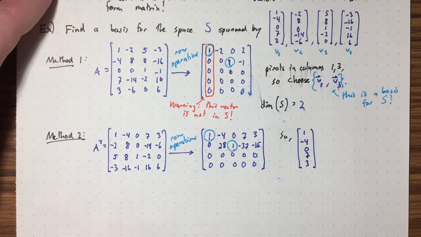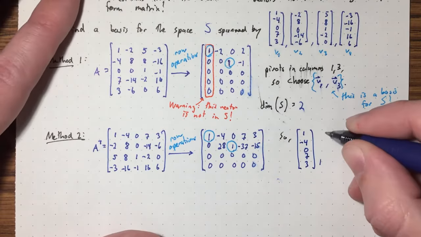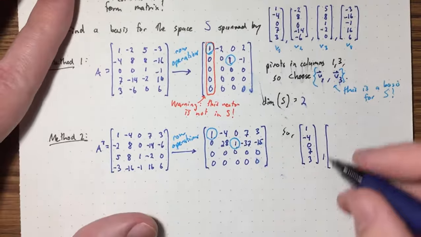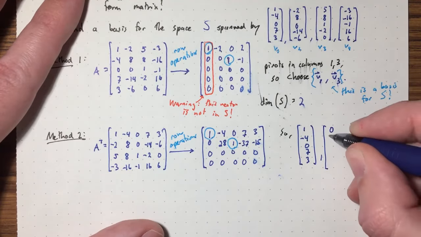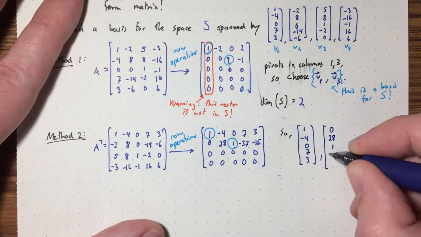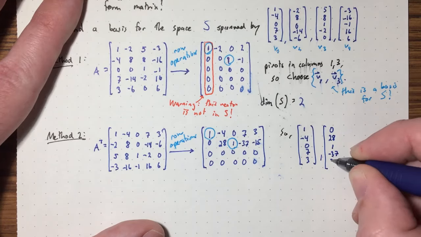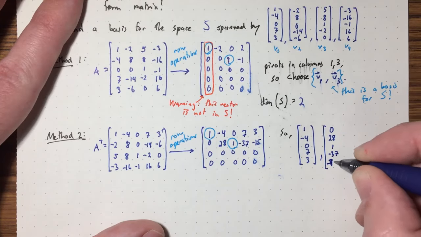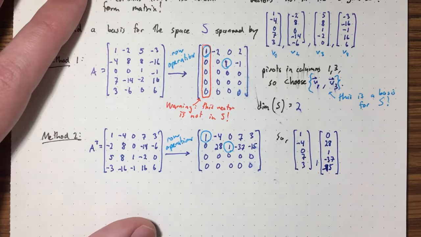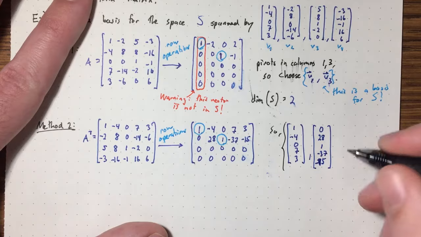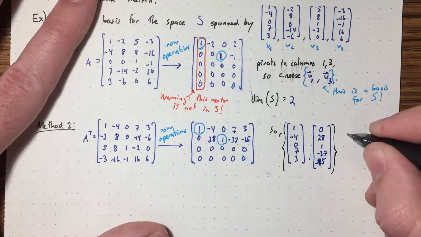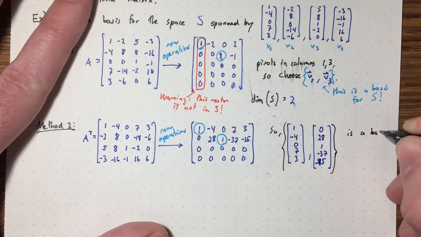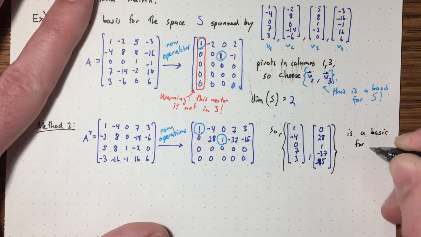That didn't change at all. But my second row is completely new. That's not one of my original vectors. I'm going to take both these rows, and minus 15. So this set is a basis for S.